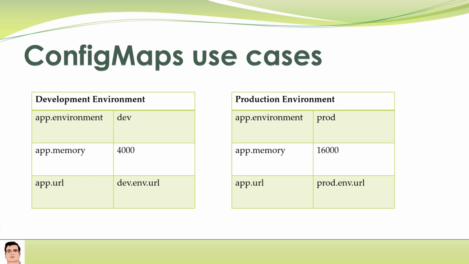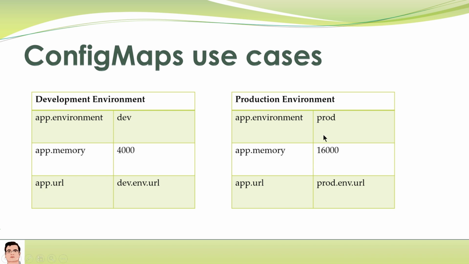So we have a development environment and the production environment. Even for the app.environment, I provided this first configuration map, and this is the second configuration map. So whenever the pod gets deployed, it identifies in which environment it is going to be deployed. If it is identified as development, this particular environment variable comes into the picture to replicate all these things.